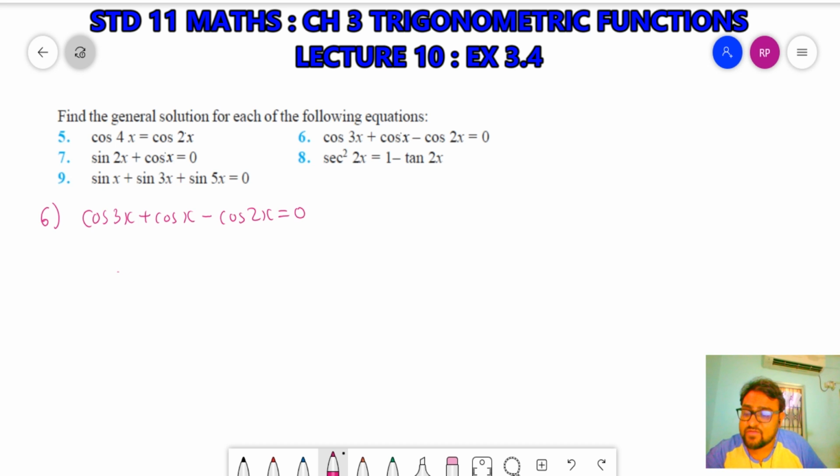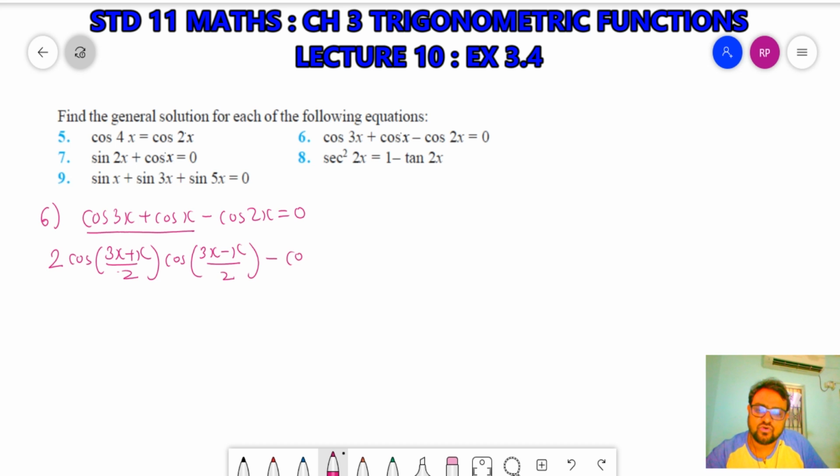First here I will use the formula C plus C, 2 cos C cos D. So 2 cos (3x plus x)/2 cos (3x minus x)/2 minus cos 2x is equal to 0. So 2 cos 3x plus x, that is 4x by 2, cos 3x minus x, that is 2x by 2, minus cos 2x is equal to 0.